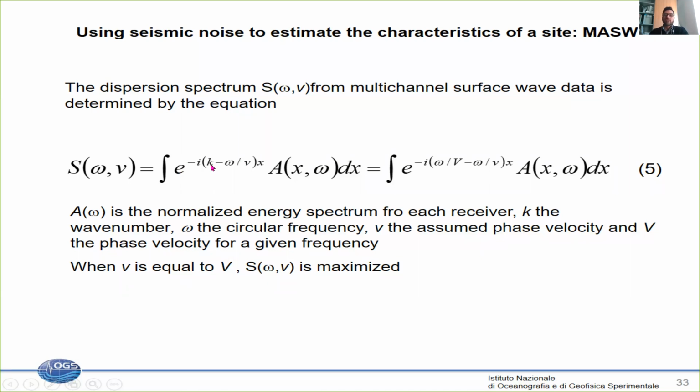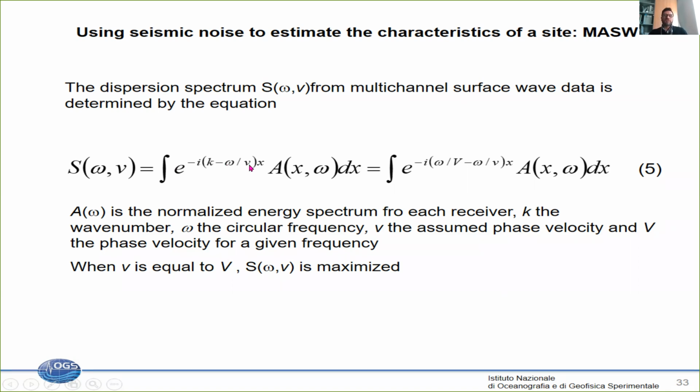This term is just like multiplying our Fourier transform by a cos term and a sin term. So it means I'm not modifying the amplitude, I'm simply shifting this observed Fourier transform and modifying its phase through the multiplication with this term.